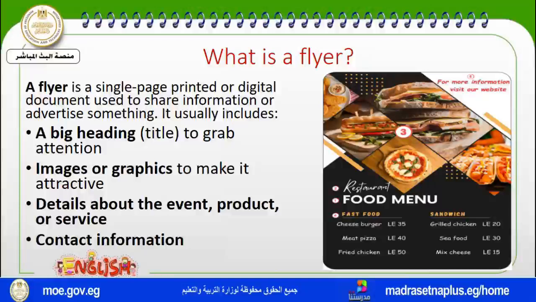It should give you details about the place, about the service, about what it offers. It also should give you contact information in order to go there and enjoy the food. So, can we find all these items in this flyer? Look carefully and get ready to check.